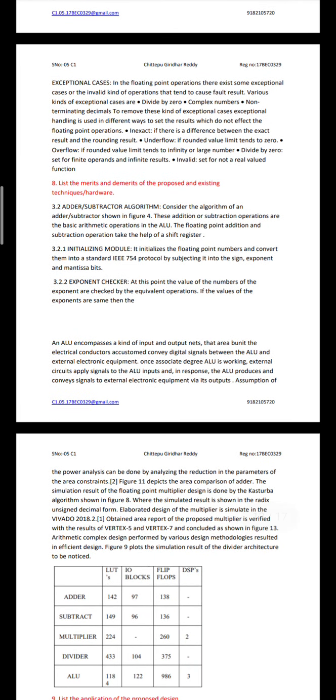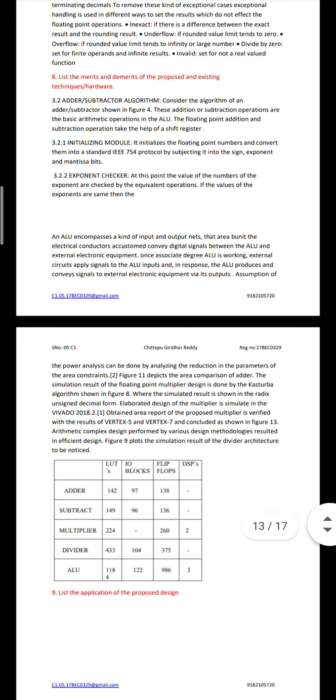If we list the merits and demerits of the proposed and existing hardware techniques, consider the algorithm of an adder subtractor shown in figure 4. Addition and subtraction are the basic arithmetic operations in the ALU, and floating point addition and subtraction take the help of a shift register.